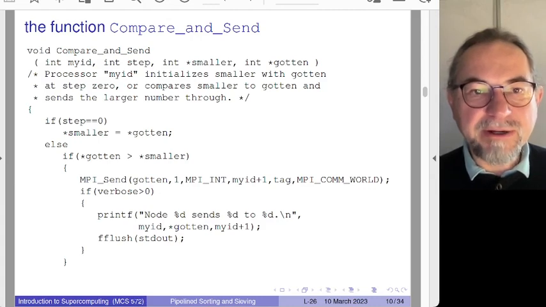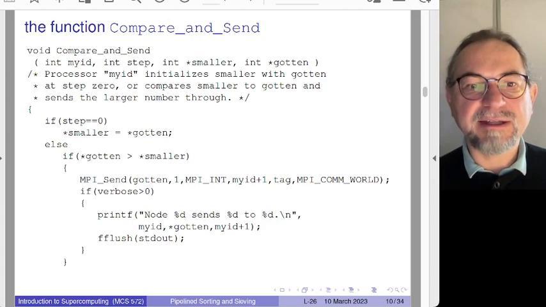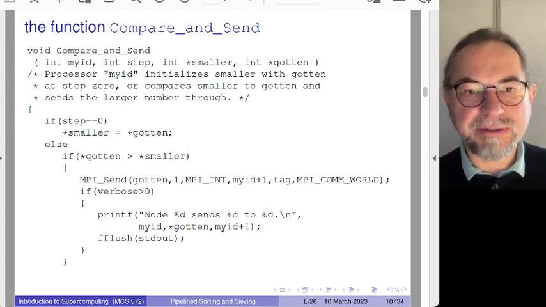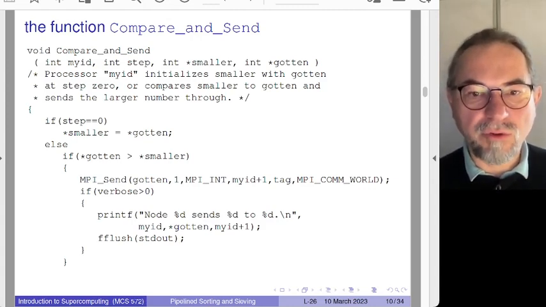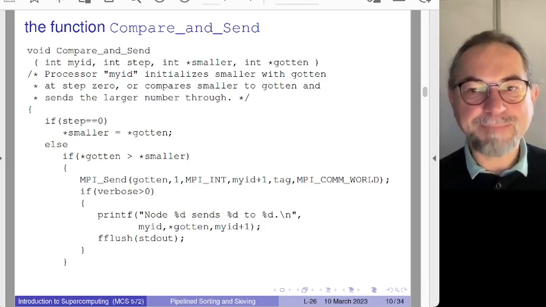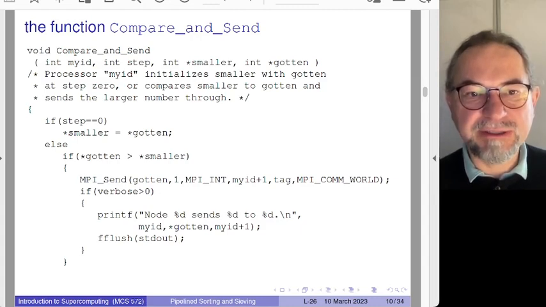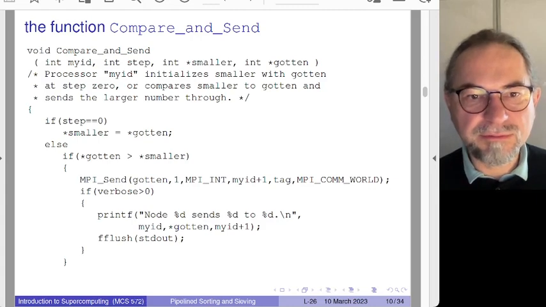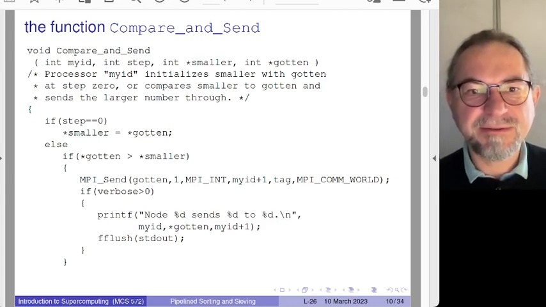Here is the compare and send. So there is one send in there that happens after the comparison. So the code is symmetric. If the smaller number is smaller than the received number, then the larger number here is sent.